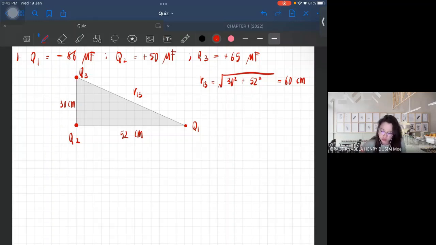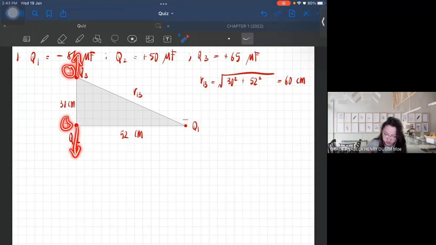Now we look at charge number 3, this one here. Q2 is a positive charge, Q3 is a positive charge, Q1 is a negative charge. Now it is easier to draw. For Q3 and Q2, these are like charges, so the force points away from each other.